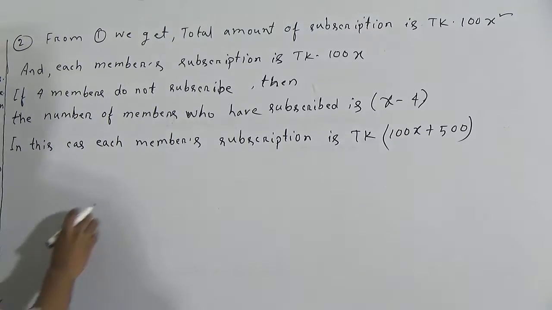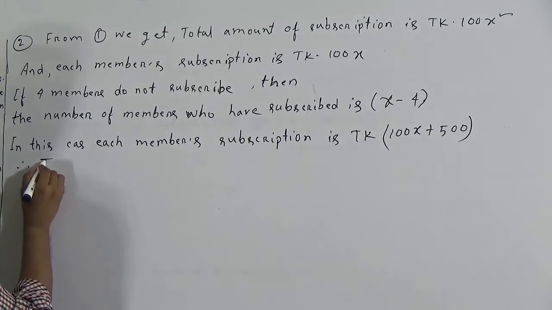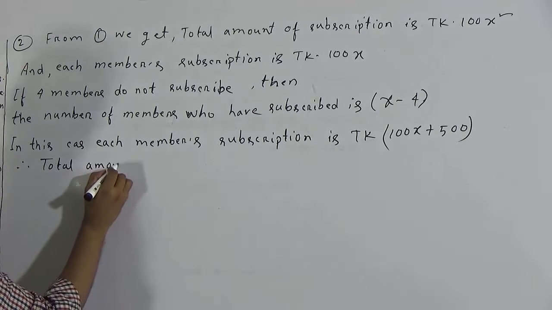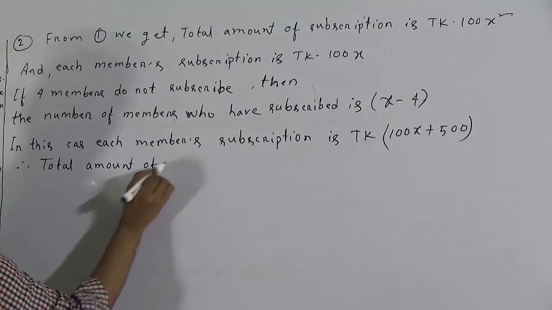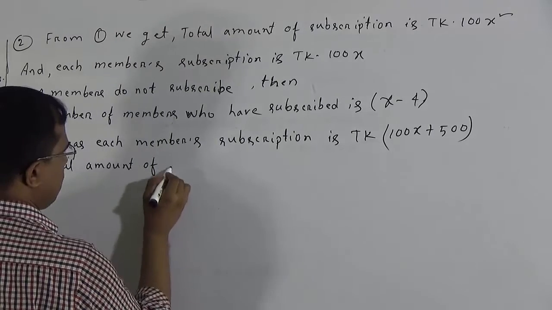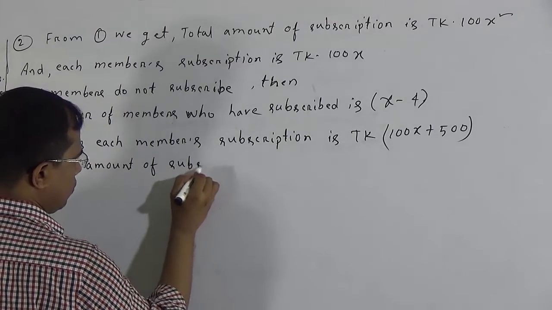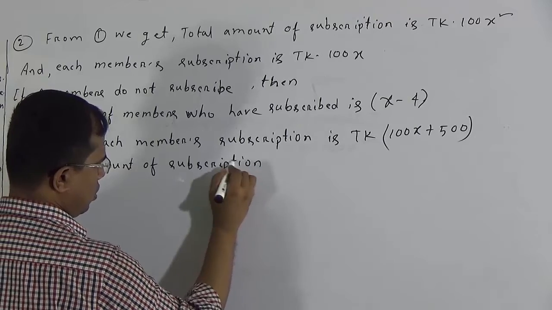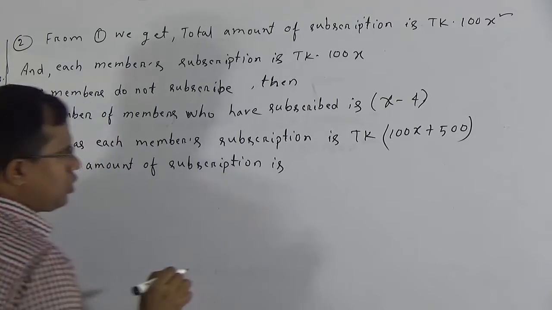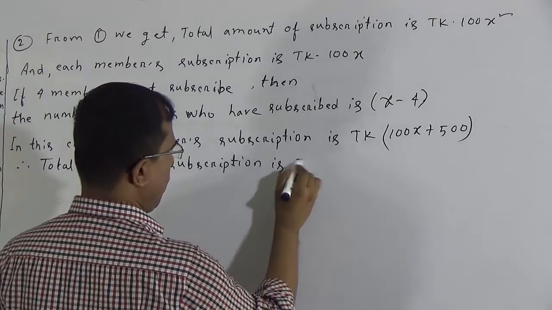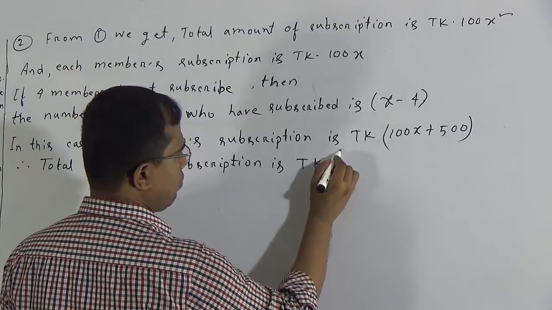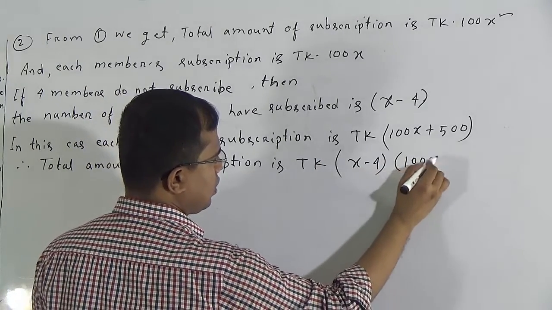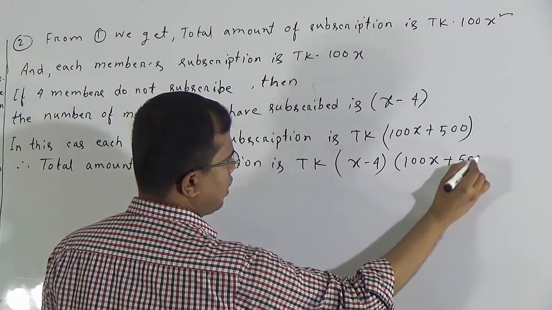Therefore, total amount of subscription is TK x minus 4 into 100x plus 500.